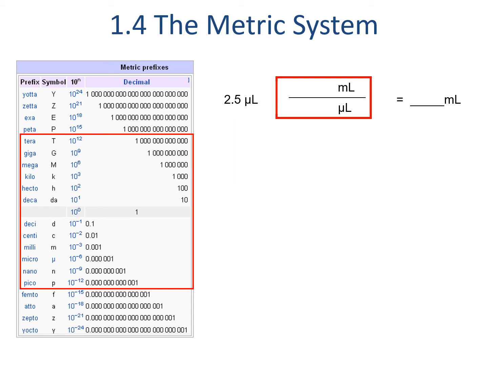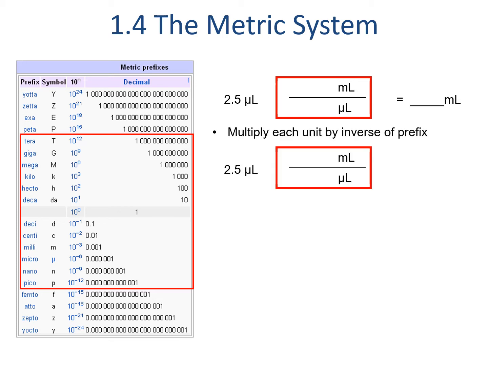Once we have that down, there are a number of ways to make sure that we have the right values to go with all these units that we've already identified. Remembering that we're always going to have the same conversion factor equal a value of 1. So one way is to multiply each of the units in the conversion factor by the multiplicative inverse of the prefix value, so that the value of the top and bottom both equal 1.